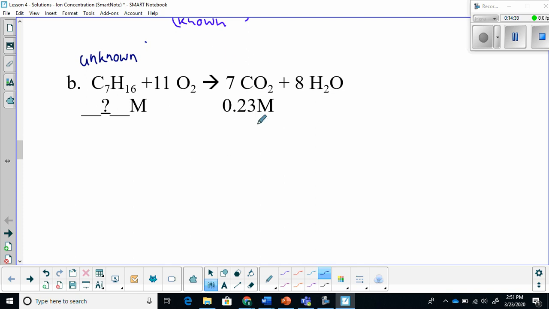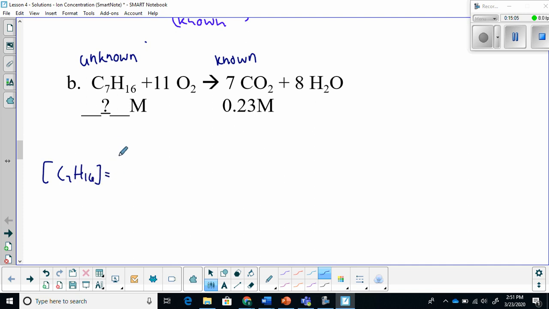We have information provided about carbon dioxide here, so this is actually my known. If we wanted to find the unknown concentration of this compound here, heptane, it would be like this.